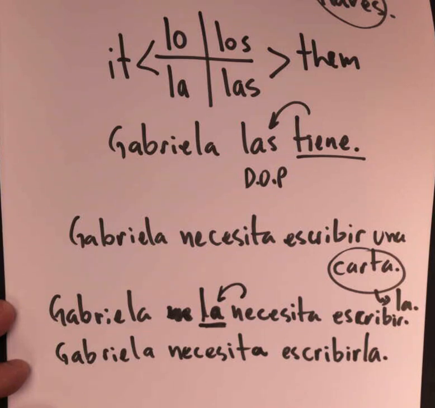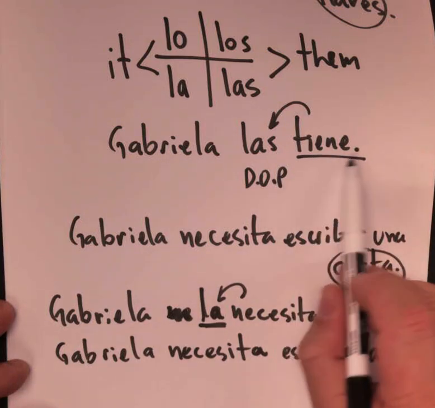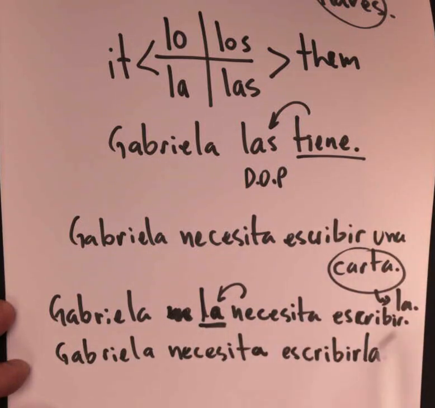But when you have a construction that has an infinitive, like necesita escribir, needs to write, we can attach that word to the infinitive, to the verb that is an infinitive, never to the verb that is conjugated. Necesita la escribir, no. Necesita escribirla, okay, so that's one case.